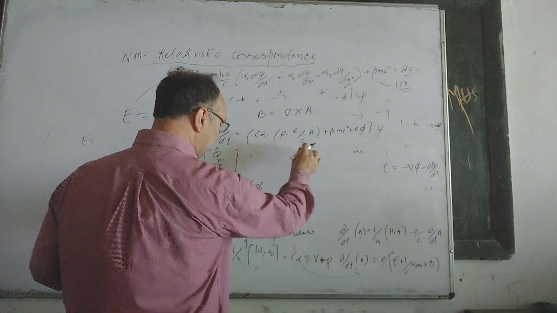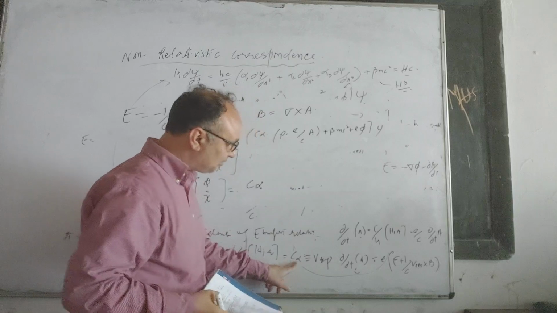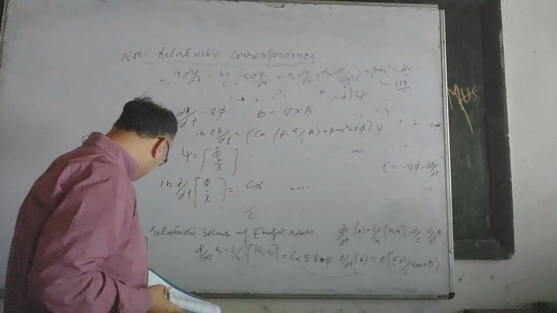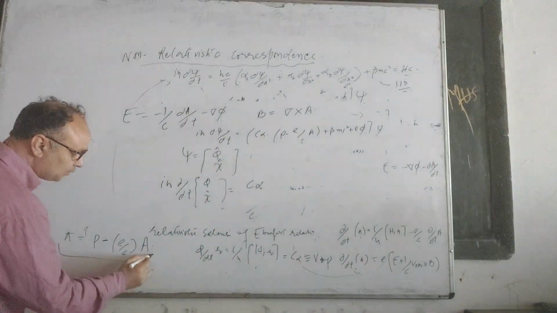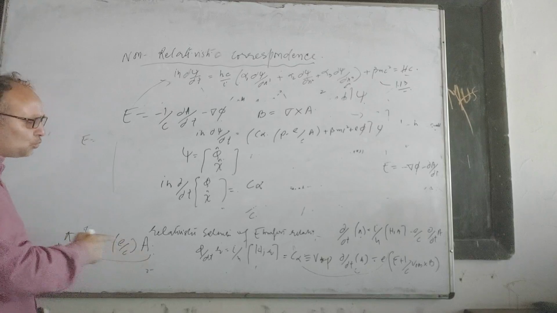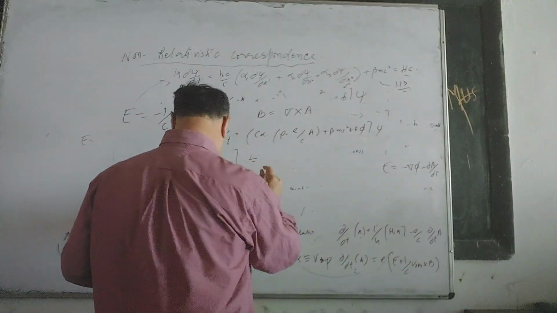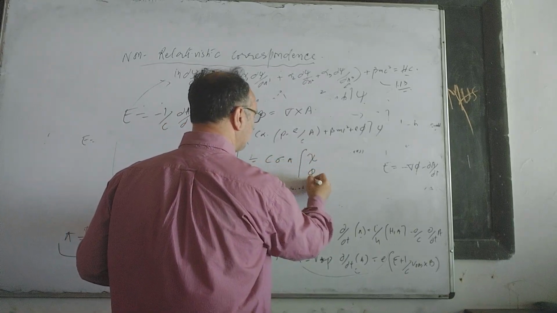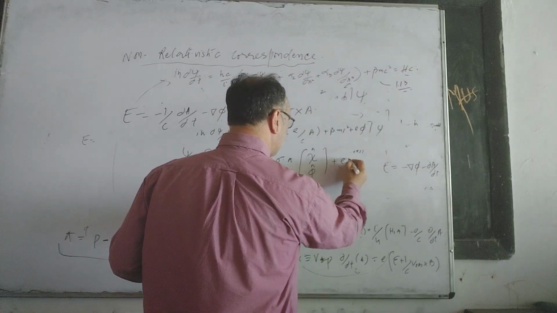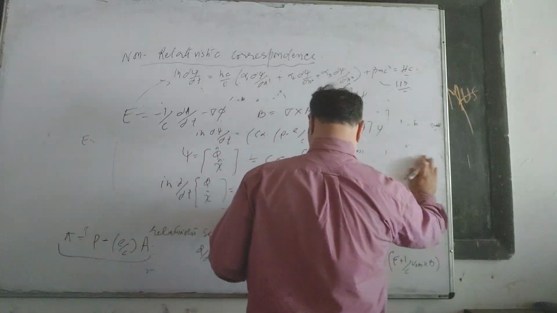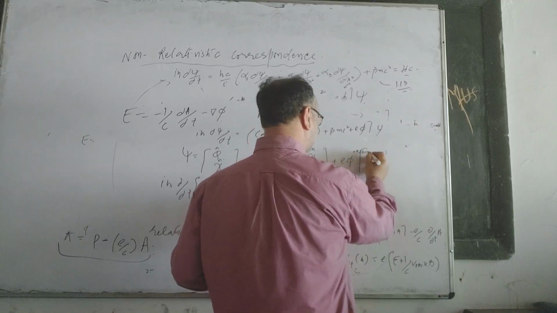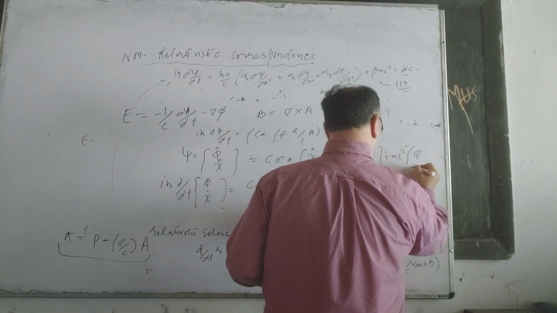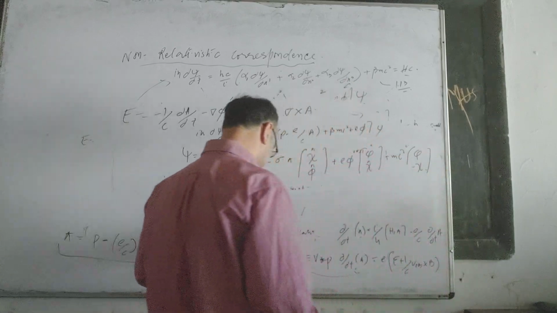Here we have written it in terms of pi, and pi we have written like this. With some algebra, you can write it like this. Plus mc square phi of minus square.